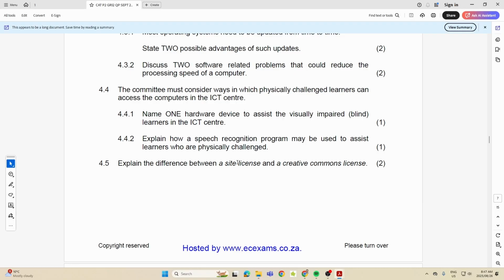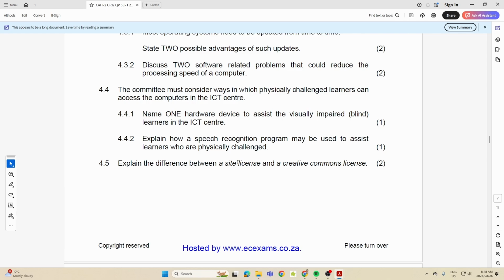But the license only encompasses that particular company or that building or that particular location. So if you have a massive school, they can have, let's say, Office, and it can be installed on all the PCs.